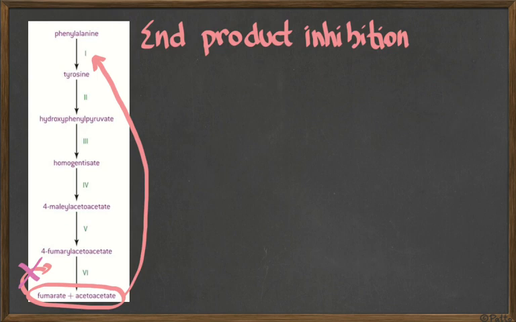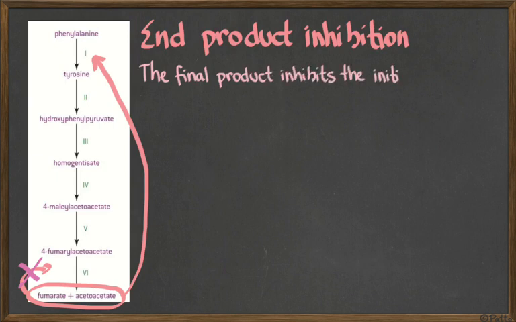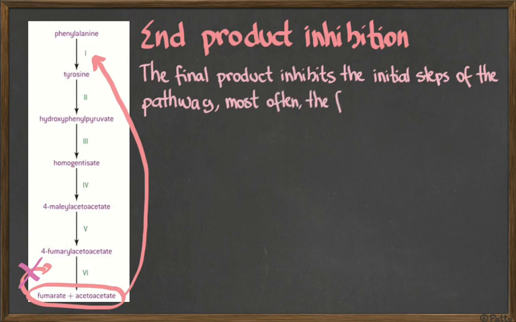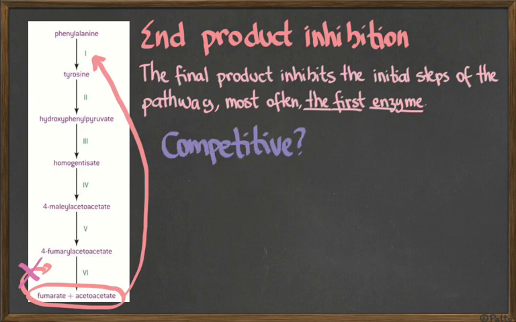So now, if fumarate or acetoacetate stops enzyme number 1 from breaking phenylalanine into tyrosine, now we have the entire chemical process stopped. It's blocking the first enzyme and making things stop.